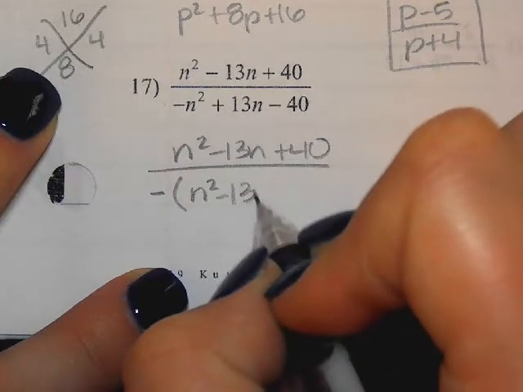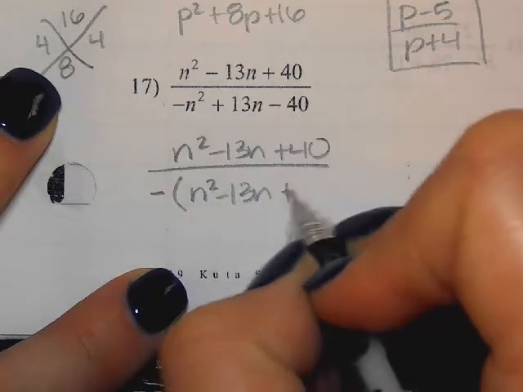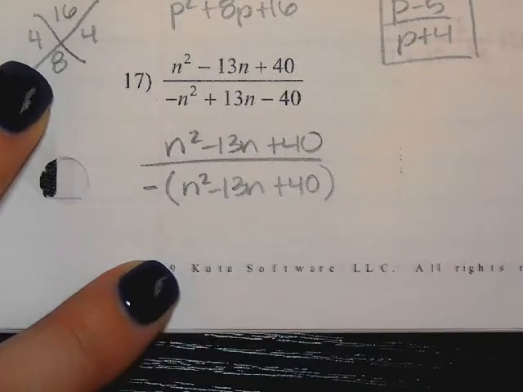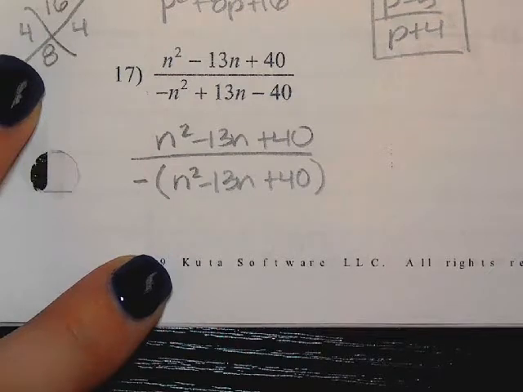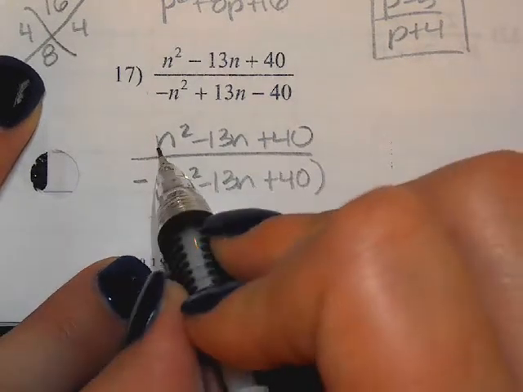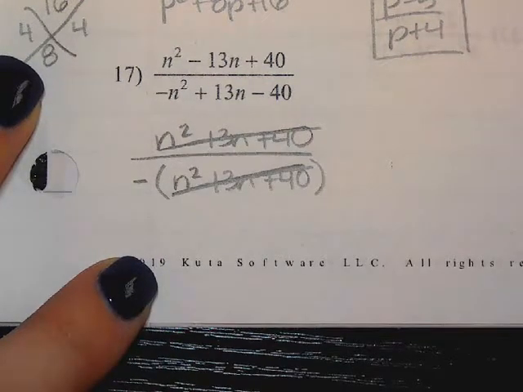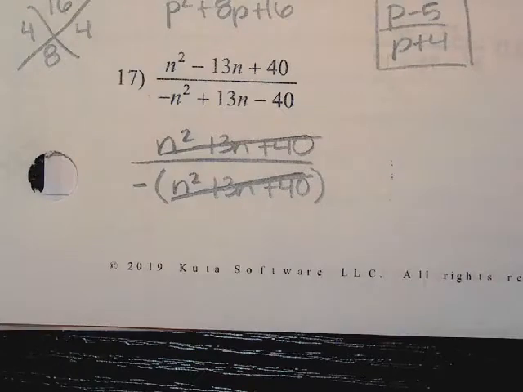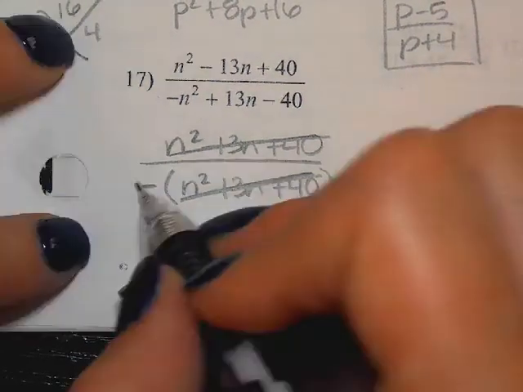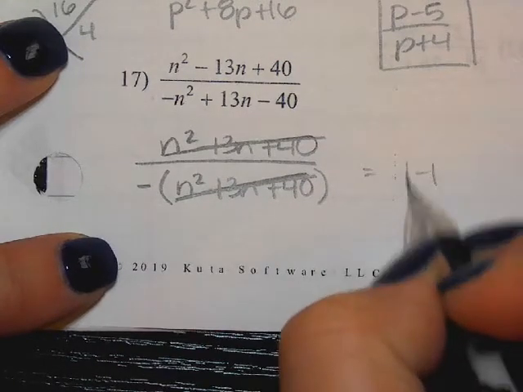Minus 13n plus 40. And now what do you guys see on the top and the bottom? They're exactly the same. So the entire top and the entire bottom cancel. I didn't even really have to factor that because unfactored, it was exactly the same. So you just get the negative on the bottom, which means there's just -1.